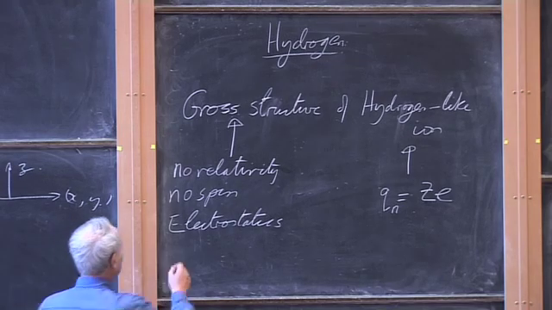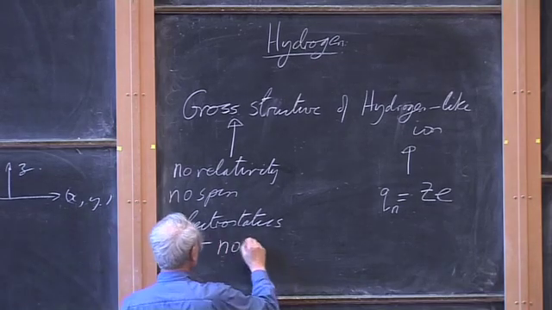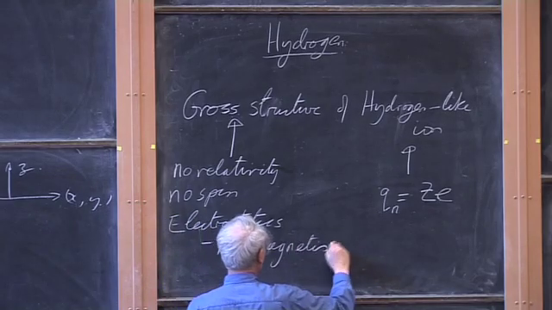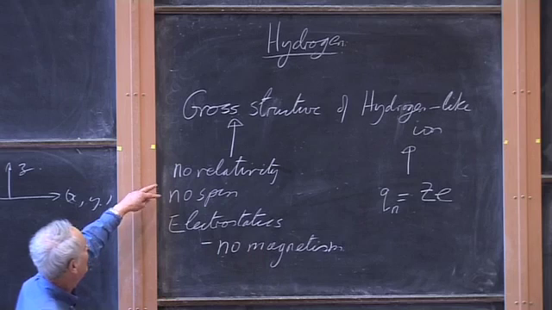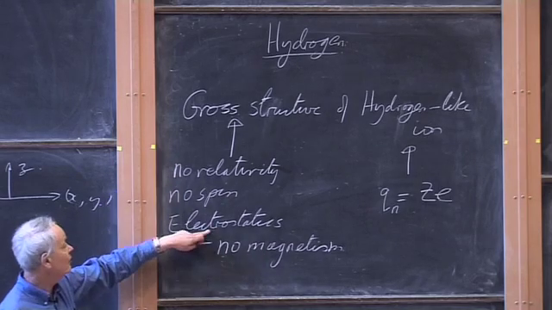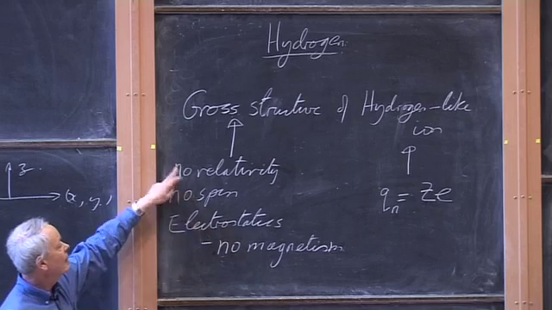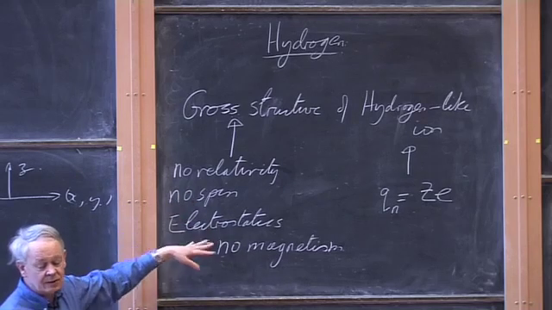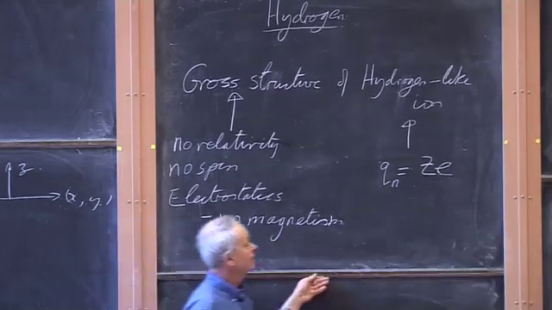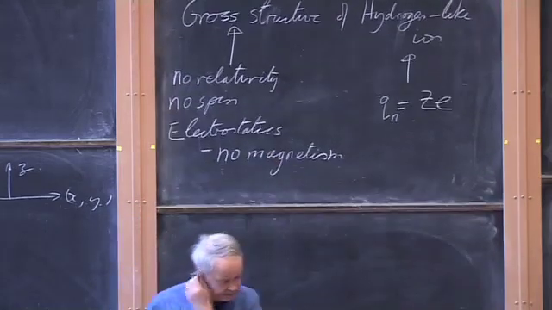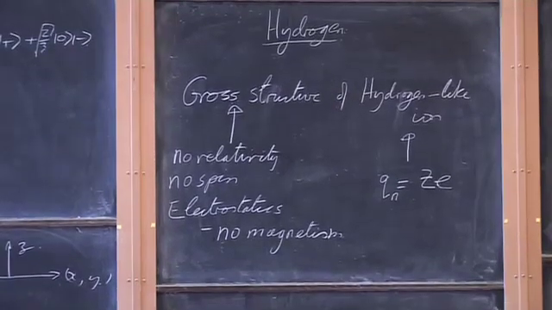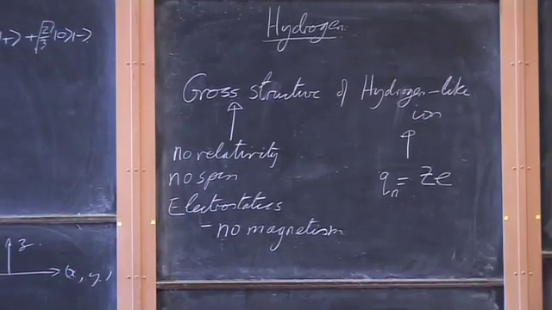No spin. No magnetism either, in other words, just electrostatics. And the key thing really is we're leaving out relativity, because magnetism is a relativistic correction to electrostatics, and spin arises naturally when you think about electrons in the context of relativity, as I hope you'll appreciate next year. So we're leaving out effects which are actually quite important, but one has to proceed in steps.